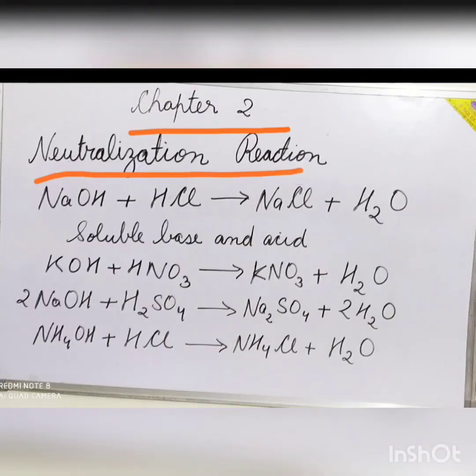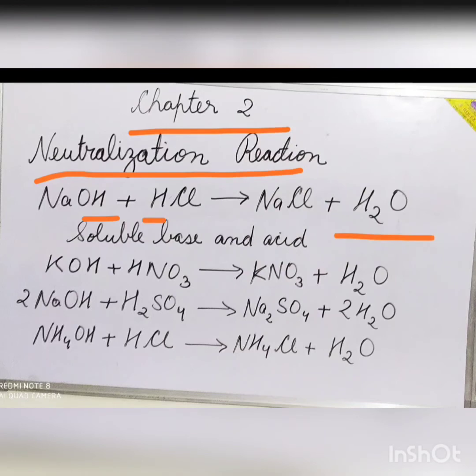Neutralization reactions. The reaction between an acid and a base that forms salt and water is called a neutralization reaction. This reaction takes place because the hydrogen ion from the acid combines with the hydroxyl ion from the base to form water.